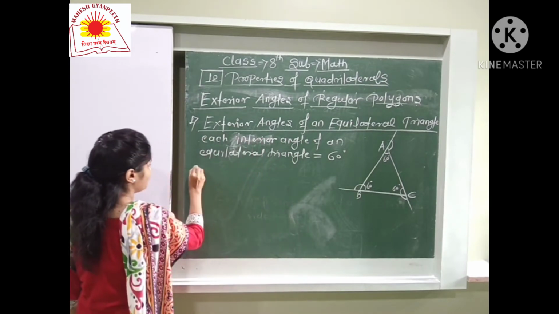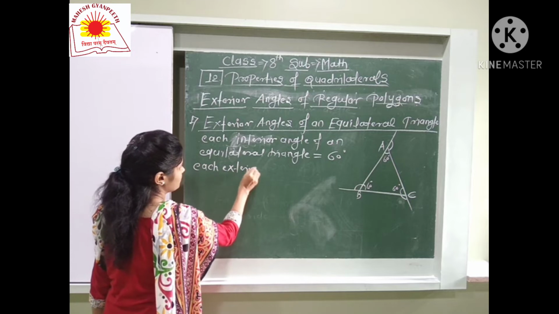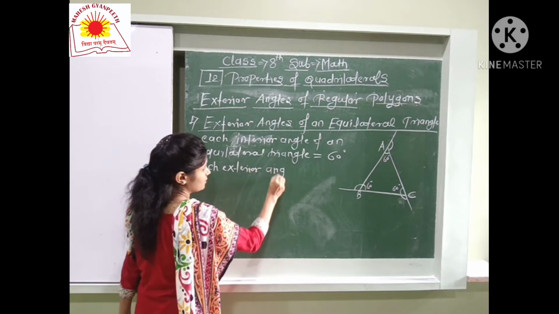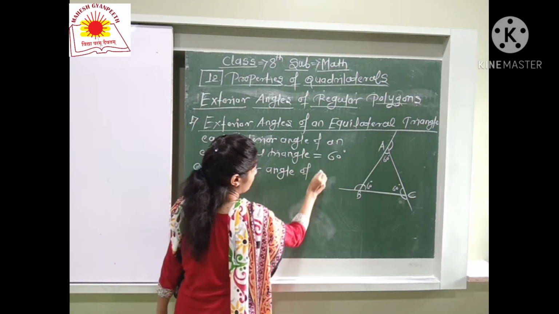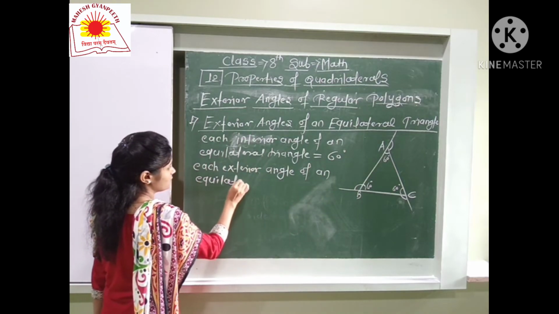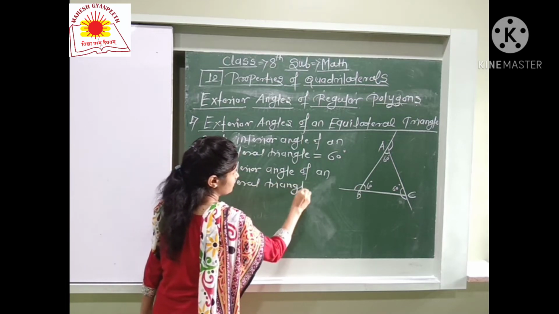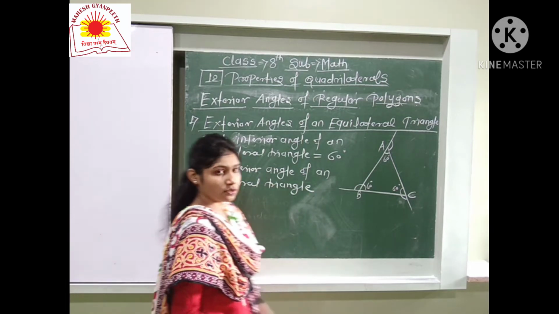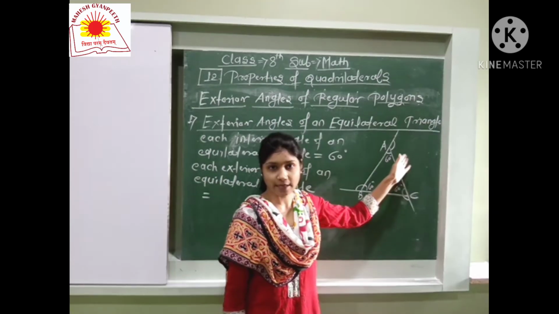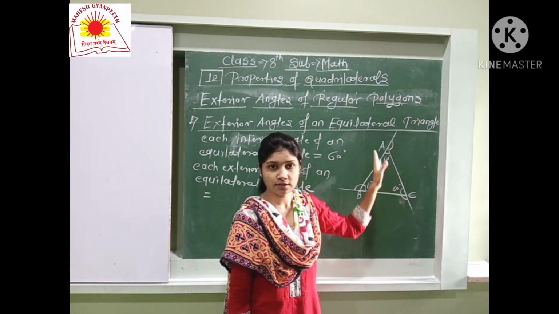Then students, see here, each exterior angle of an equilateral triangle, how to find it? All of you know that you have to apply the linear pair angle. It is a linear pair angle, it is a straight angle. And what is the measurement of a linear pair angle?